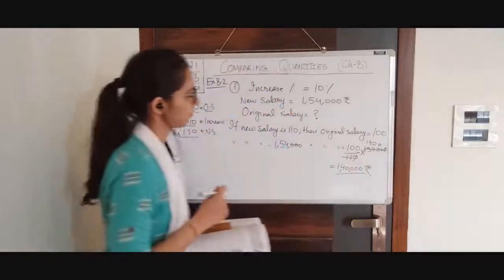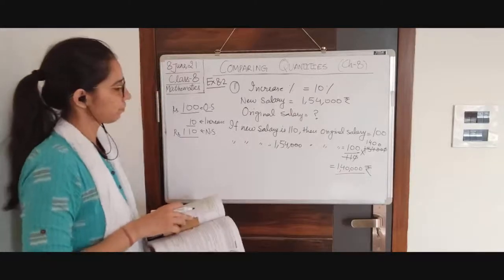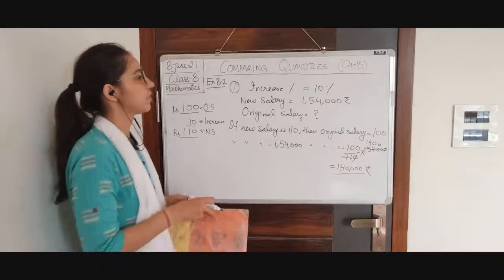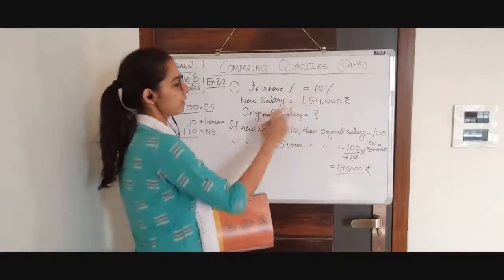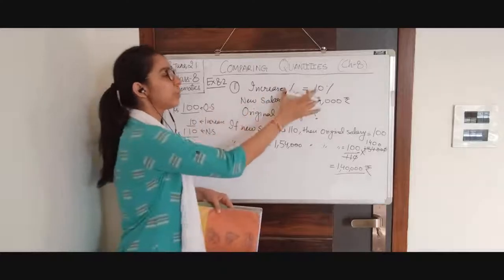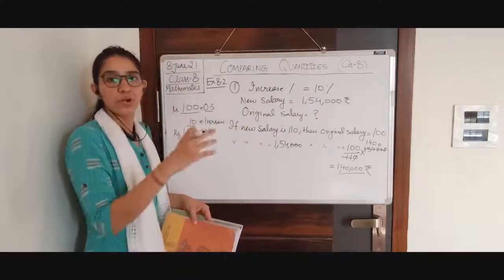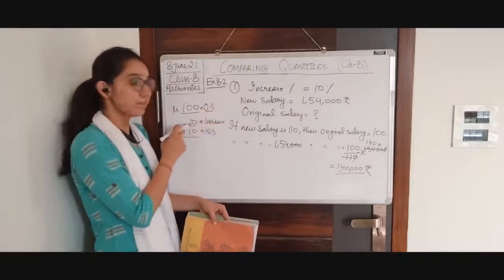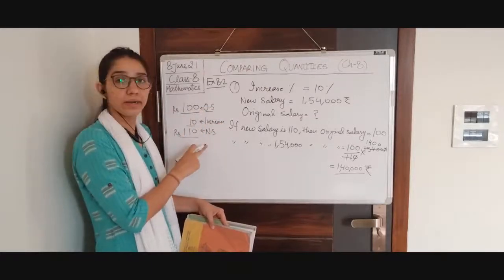ठीक है, we can repeat it again. Increase percent आपको given था 10%, new salary is this, we have to find out original salary. ठीक है, 10% means increase of 10 on 100. ठीक है, if your original salary was 100, you got increase of 10 and you got 110.